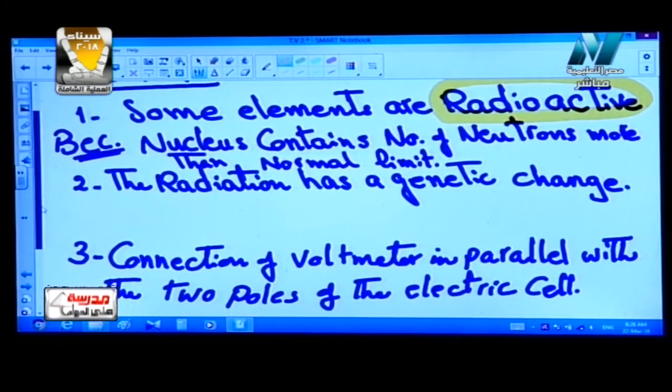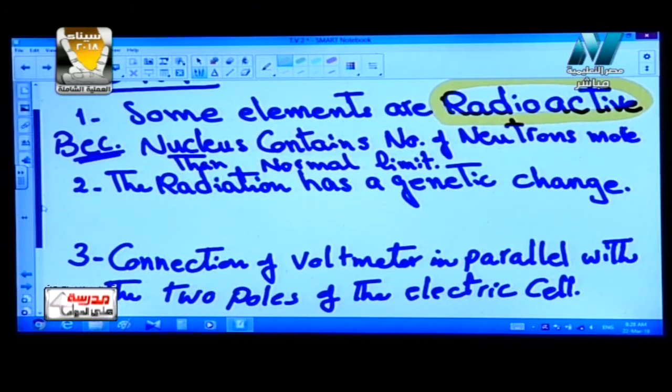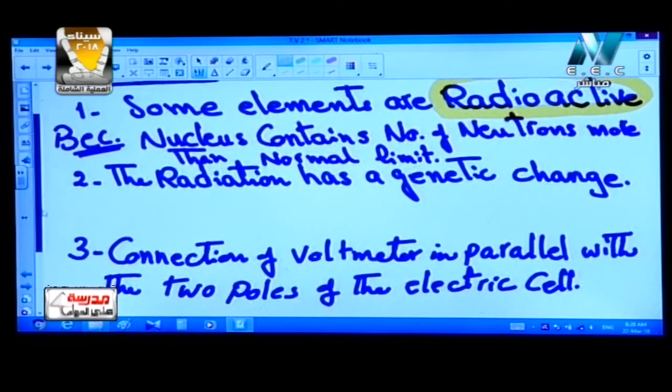Number 2: the radiation has a genetic change. This means radiation causes genetic change.